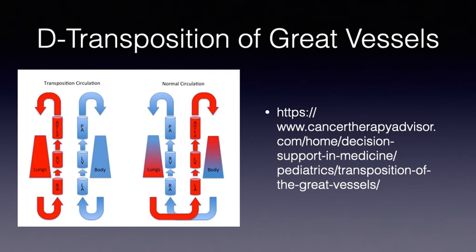This is not compatible with life unless there's an additional leak of sorts, allowing mixing between the two systems. One example that will work is a VSD, ventricular septal defect, which aren't that uncommon anyway. In any case, the patient will need surgery.